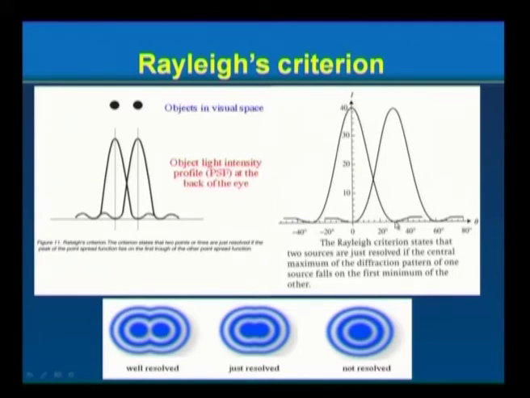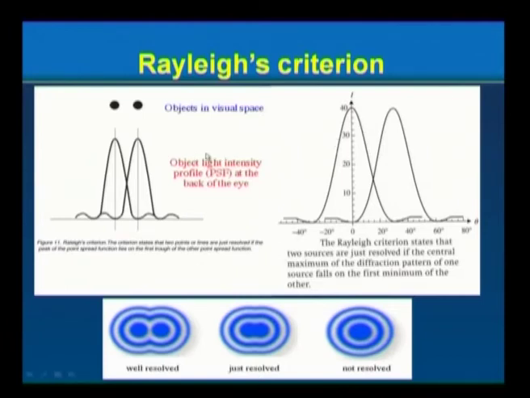This minimum should coincide with the maximum of the second source. The first minimum of the light coming from the first source should coincide with the maximum of the light coming from the second source. This is the just condition, the minimum for resolution.